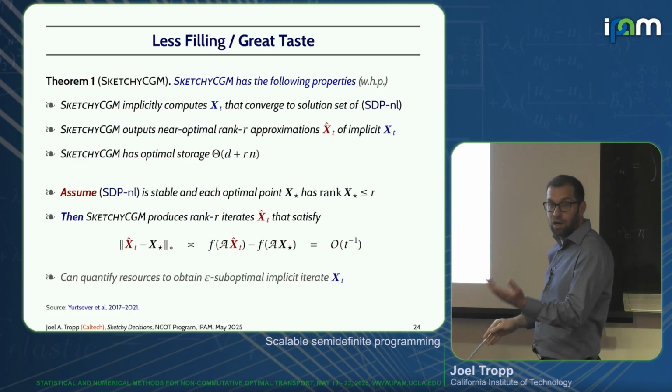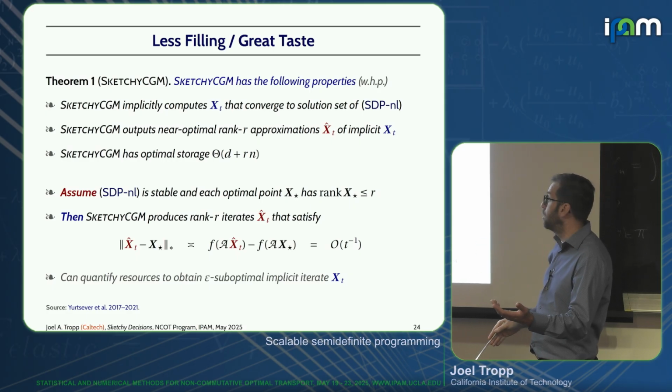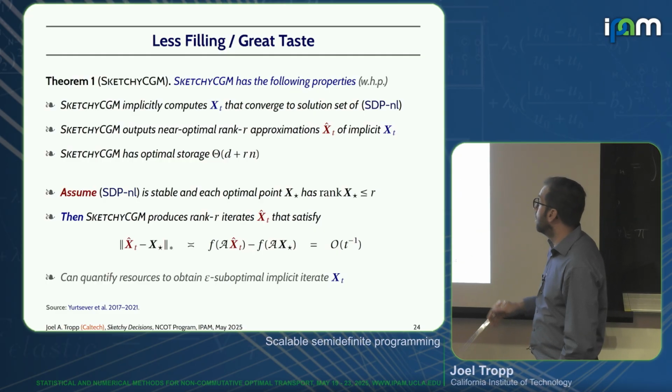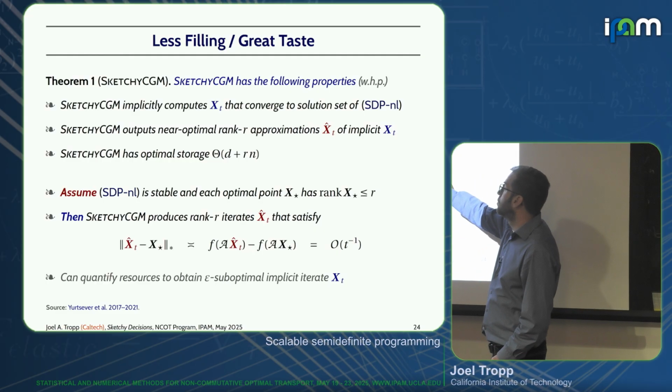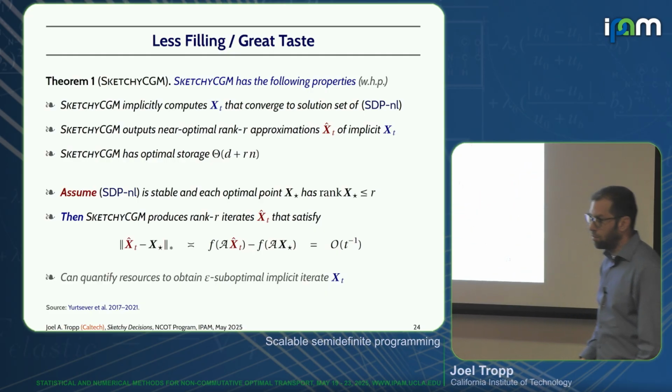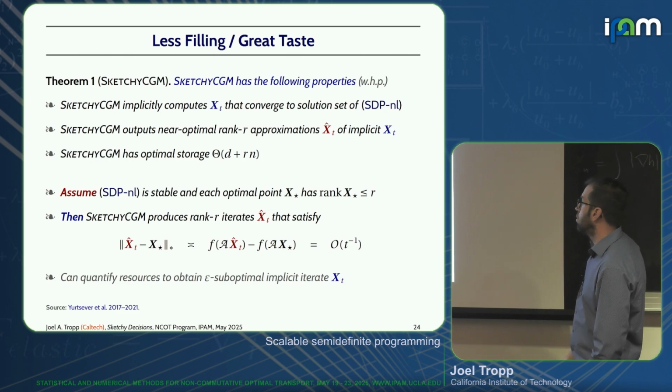So at each t, I can get an approximation to whatever the decision variable is. And the storage costs are optimal: the number of output dimensions of the linear map plus the cost of storing the low rank approximation.